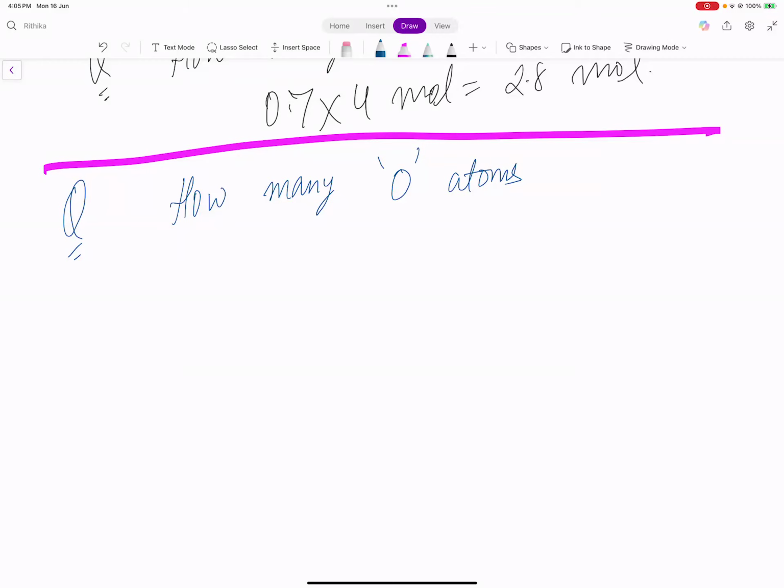So how many O atoms are in 0.8 mole Na2CO3?